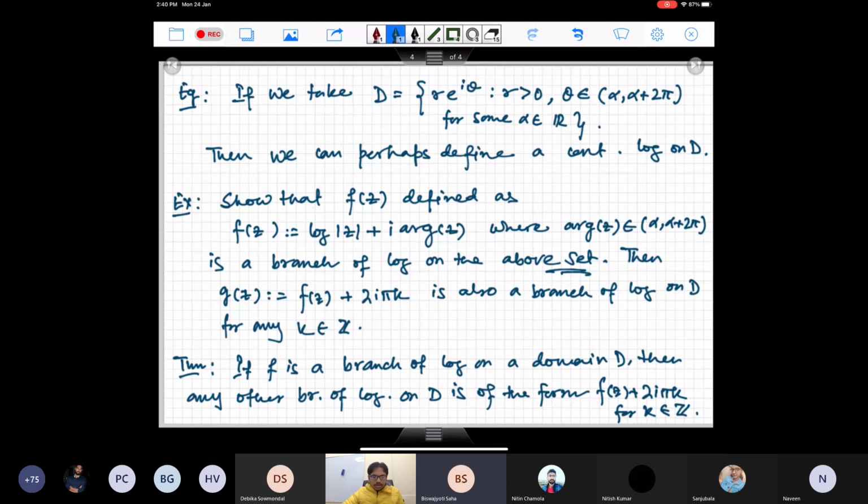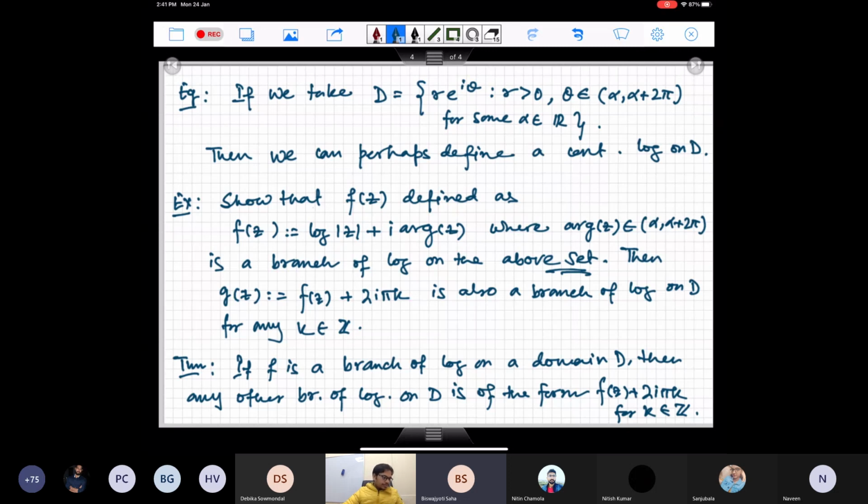There is absolutely no other choice for us. Once I have one branch of logarithm in my domain, all other branches of logarithm would be just a translate of that function, by 2iπ times some integer multiple. These are all possible choices of branches of logarithm on D.